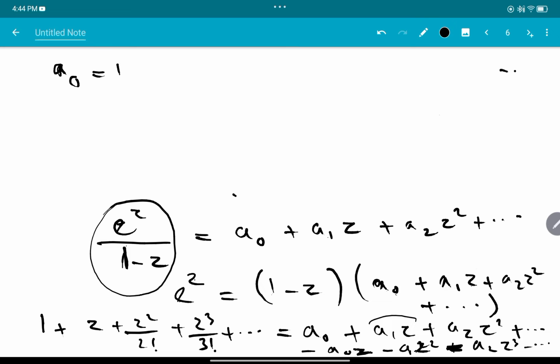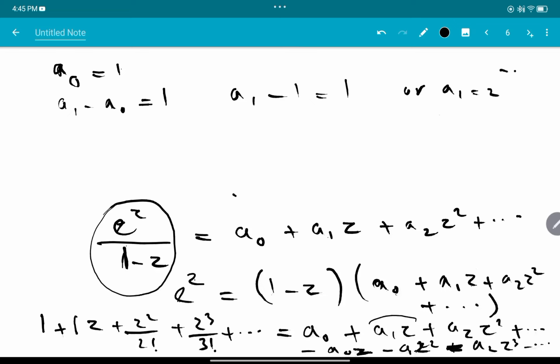So the coefficient is a1 minus a naught, and on the other side the coefficient is 1. This means a1 minus a naught is equal to 1, so a1 minus 1 is equal to 1, or a1 is equal to 2.